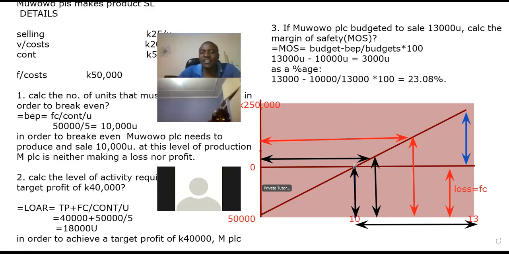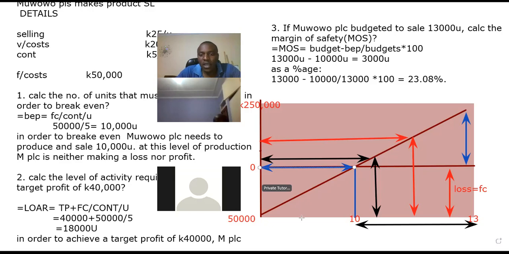You won't make any money. See the corresponding amount here is 0. You make no money.